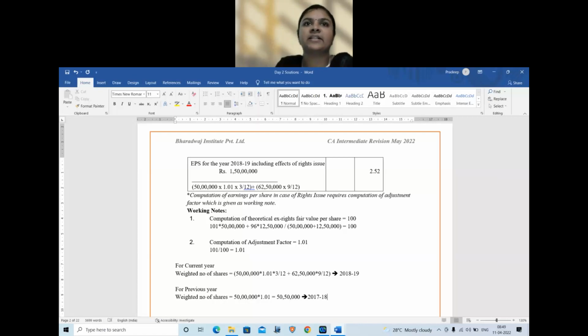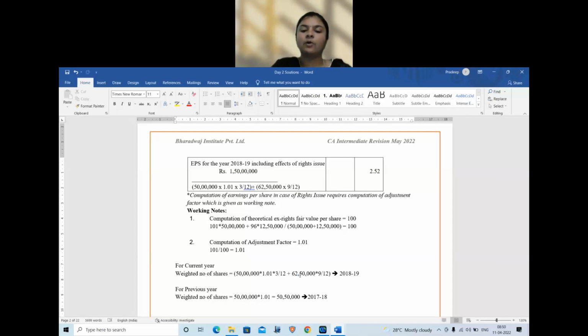No adjustment factor will be taken. So pre-rights alone, adjustment factor will be taken. Post-rights, adjustment factor will not be taken. Rule clear? For the previous year, one rule: total number of shares into adjustment factor. We are adjusting the shares as if the rights happened in the previous year.